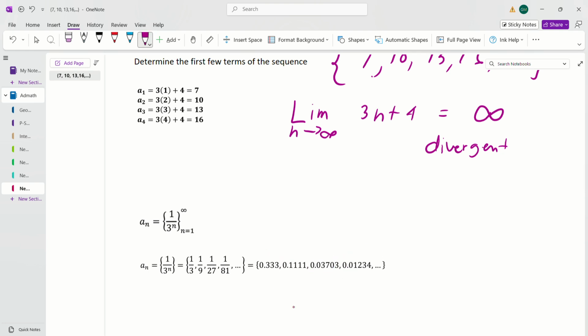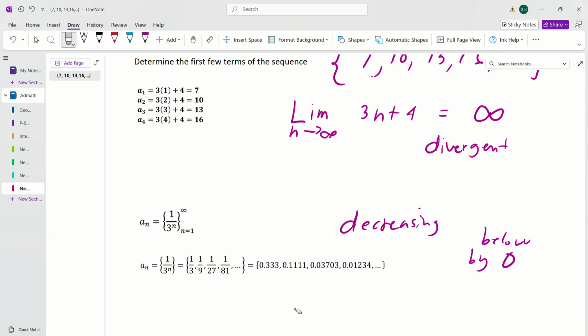Analyzing the behavior of our sequence, it is decreasing, and it is also bounded below by 0. Why? Because it approaches 0. So we can say that the minimum value is 0.